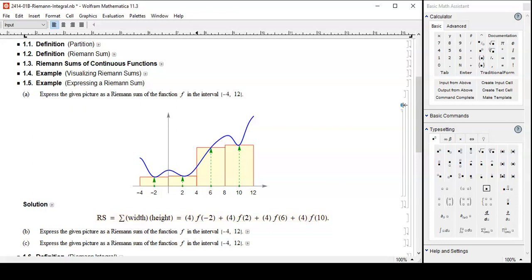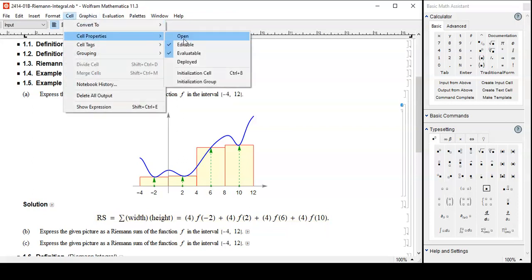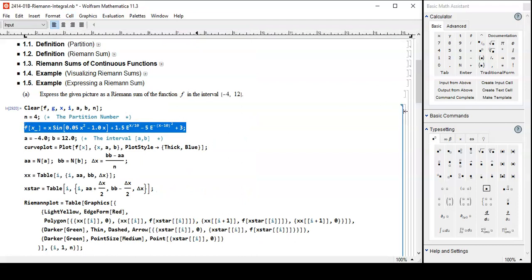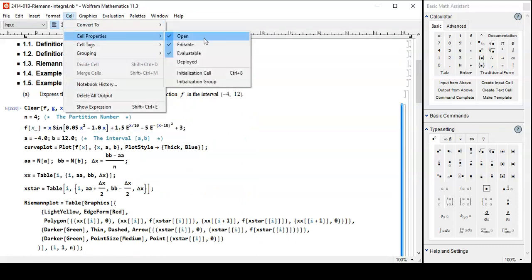Now, what if I did give you something? Let's see, what is this function? Okay, all right, let's suppose I did give you something.